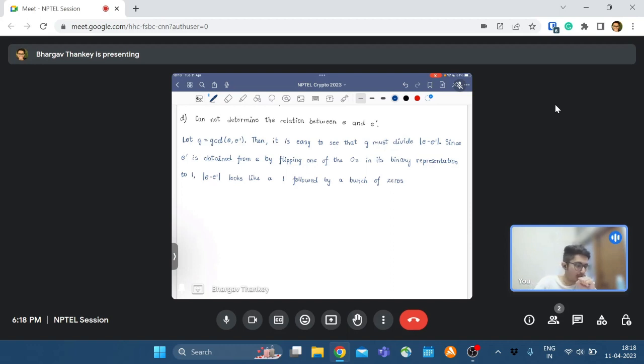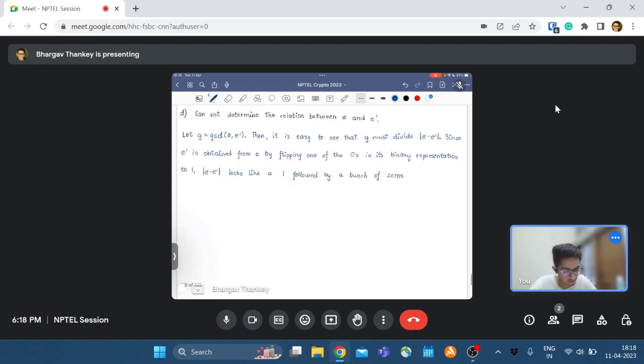Why? Let's say we flip the rth bit of E to obtain E prime. Then all the bits other than the rth bit are exactly the same. So when we subtract E from E prime, the rth bit of the resulting number would be 1, and all other bits are 0.